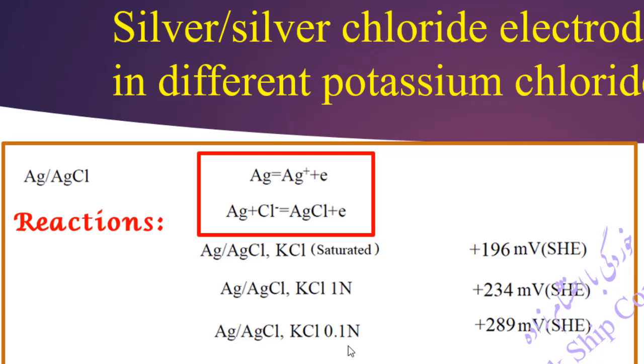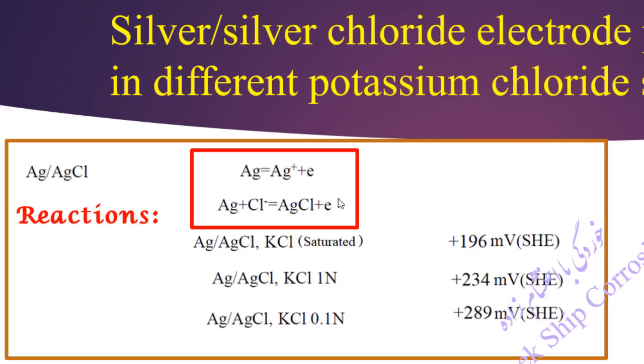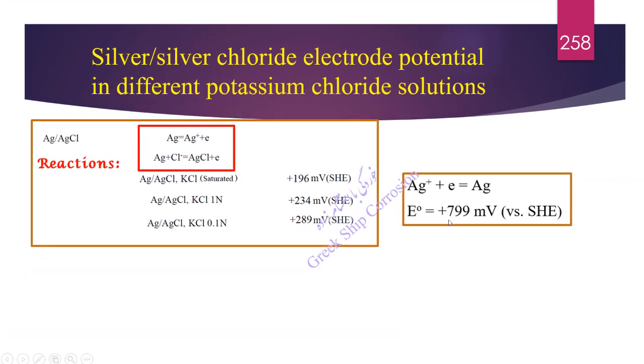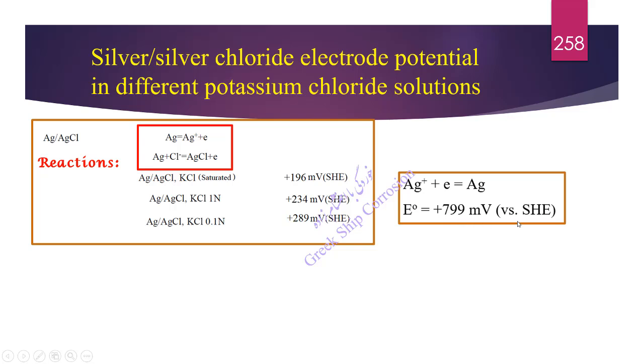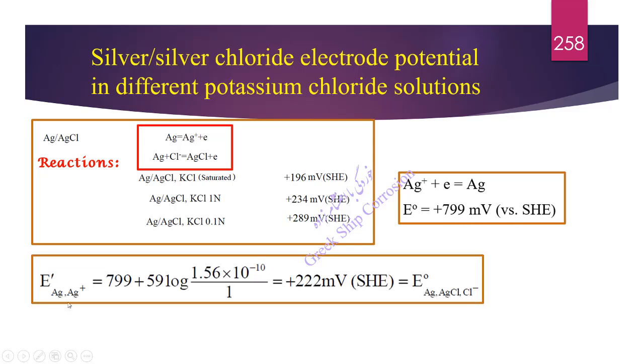And in the solution of 1/10 normal potassium chloride, the potential of the electrode equals positive 289 millivolts versus SHE. The standard potential of the first reaction equals positive 799 millivolts versus SHE, and as was calculated in the previous slides, the non-standard potential of the silver-silver cation half cell equals the standard potential of the silver-silver chloride-chloride anion half cell.